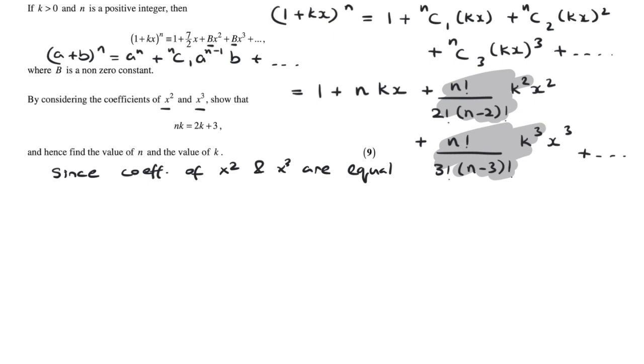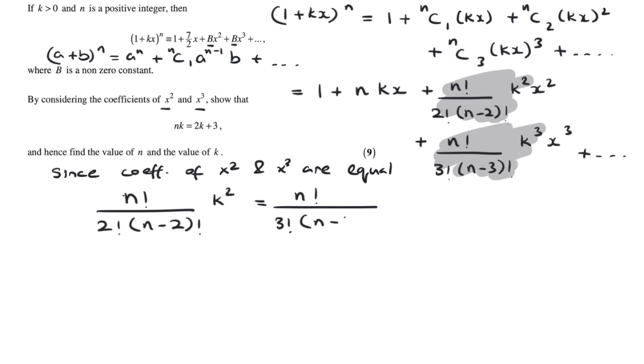So I'm going to have n factorial over 2 factorial times (n minus 2) factorial, k squared, equals n factorial over 3 factorial times (n minus 3) factorial, and k cubed.